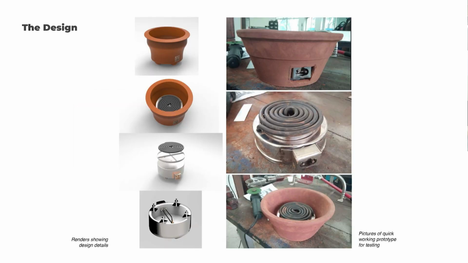Then we made renders and prototypes, a quick working prototype testing rig, and we started testing. The coil and stove were being developed simultaneously, so the technology part on the solar panel and coil was going on, and our design was also going on simultaneously.